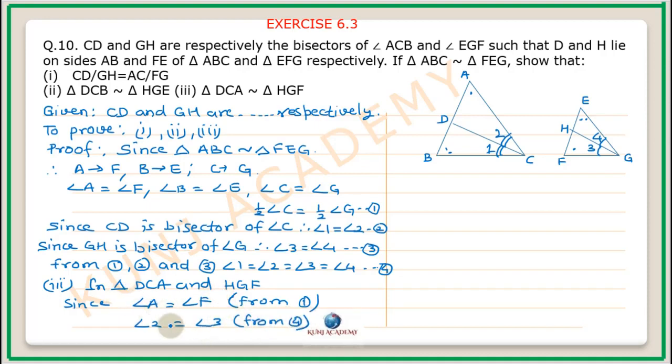Therefore, these two triangles are similar by AA similarity criteria. Third part proved.